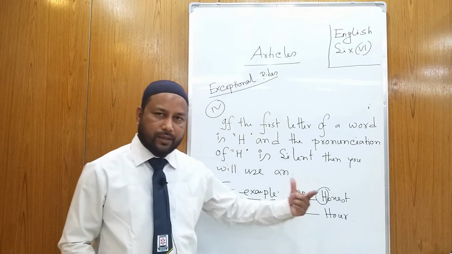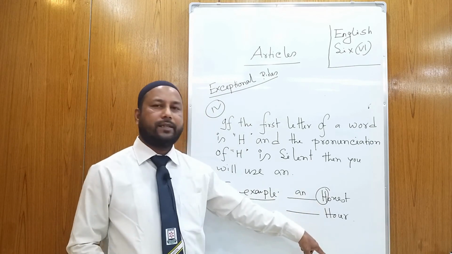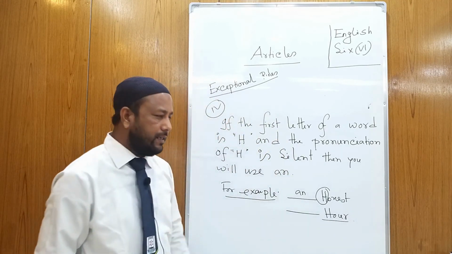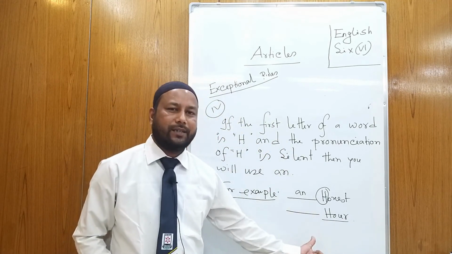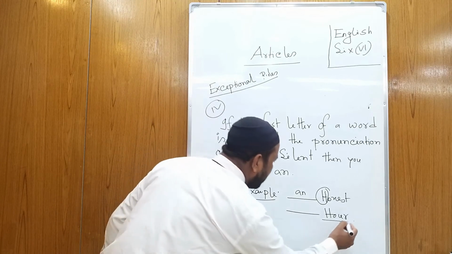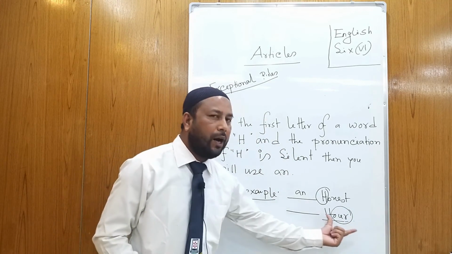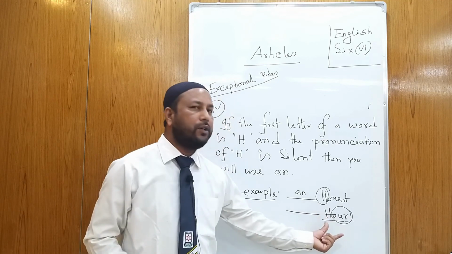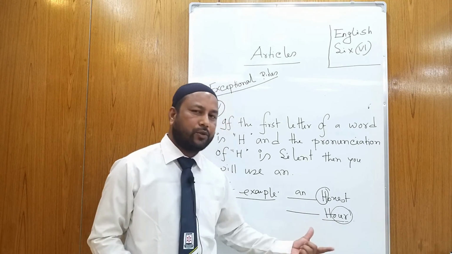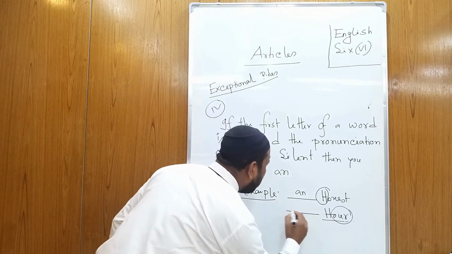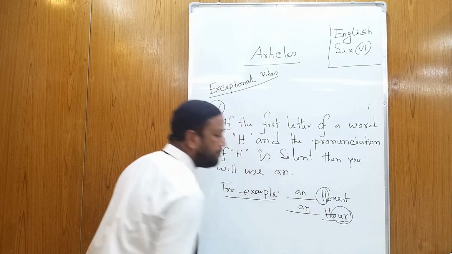I hope it is clear to you after this example. Here is a word. Is it "a hour" or "an hour"? I think you all know it. It is "an hour". We write H, but we cannot pronounce H. That's why H is silent here, and that's why we have to use "an".